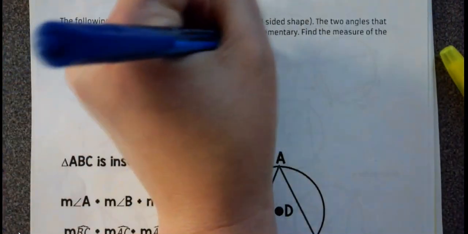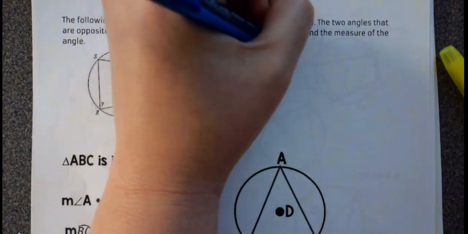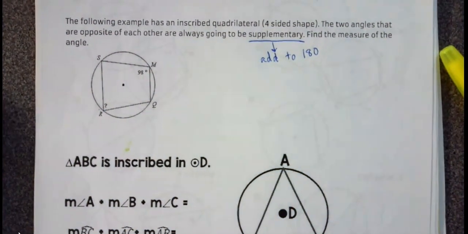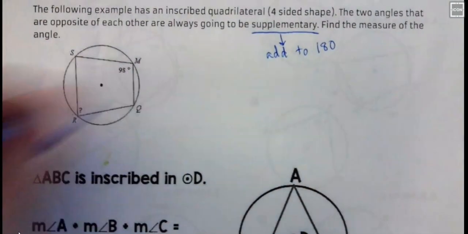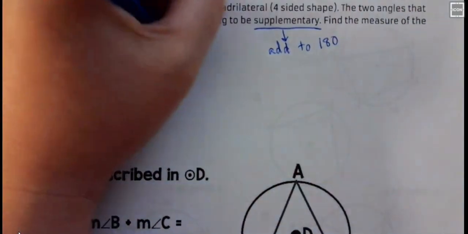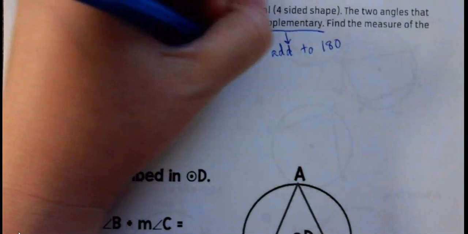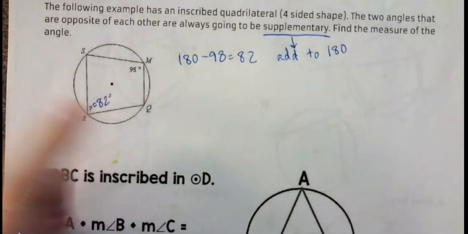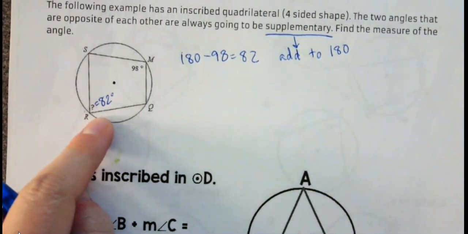So the angles that are opposite of each other are always going to be supplementary. They're always going to add to 180 degrees if they're across from each other. So if this is 98, you take 180, you subtract 98 from it, you get 82, and this one's going to be 82 degrees. So that's going to come in handy later.